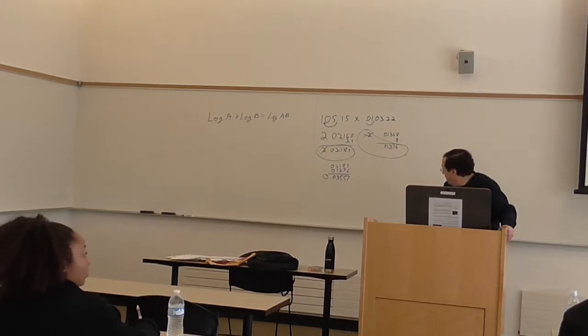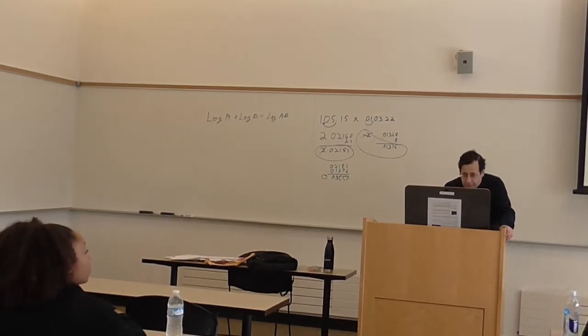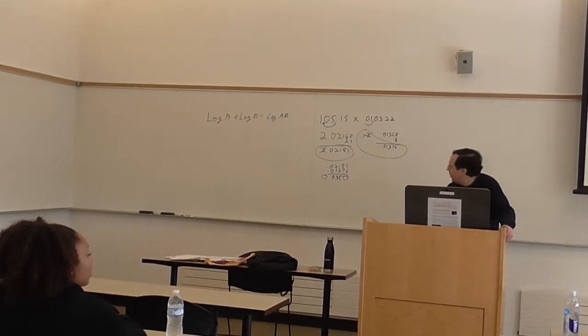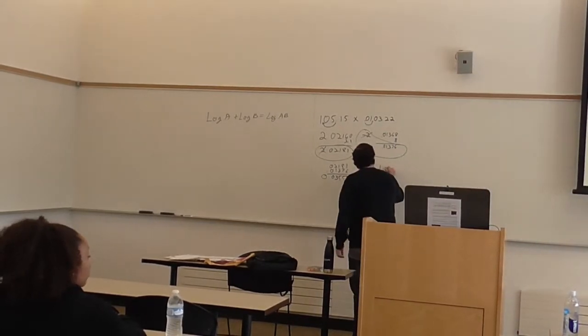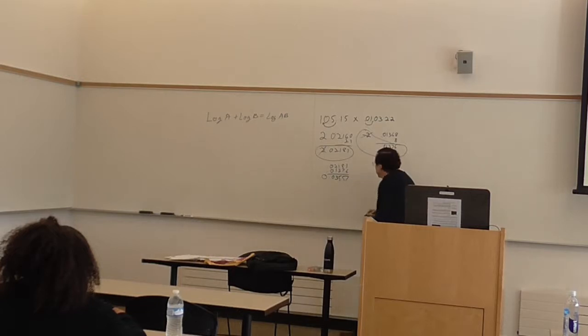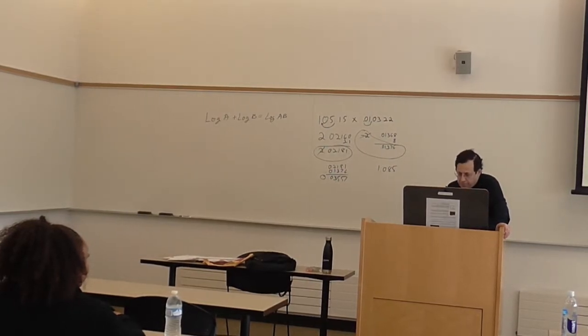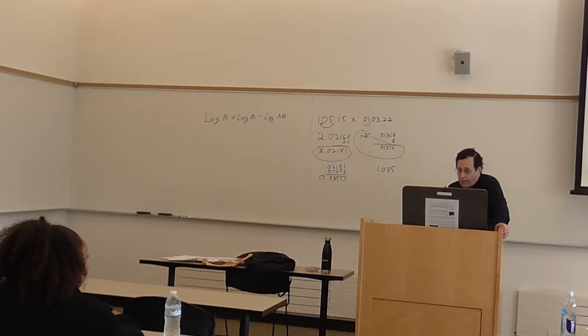So 03557, so I have to kind of look, where is that? Okay, that's between here and here. So my number is 1.085. And then I can kind of backwards interpolate. How far is 557 from 553? It's 4.